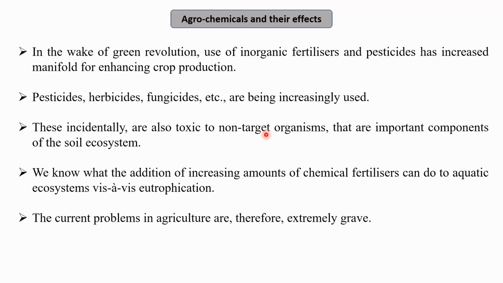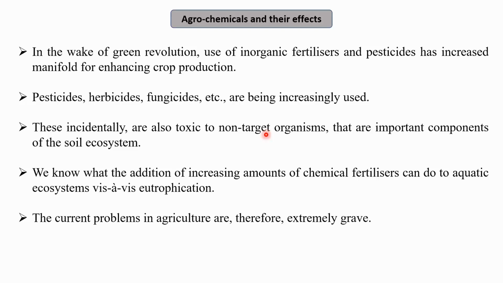The next type of waste is the agrochemical waste. We know that in the wake of the green revolution, for increased production of plants, the use of inorganic fertilizers and pesticides has increased many times for enhancing crop production.